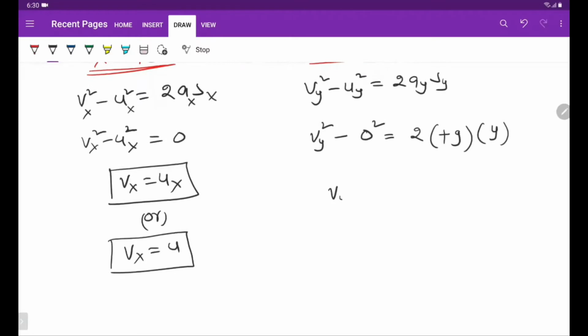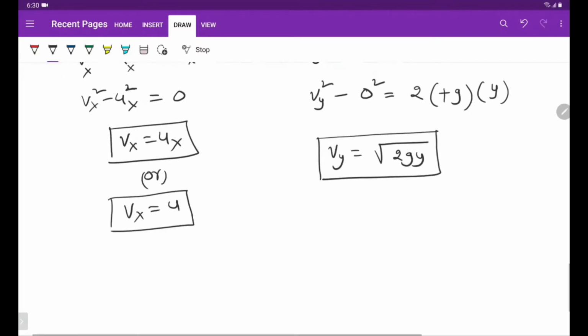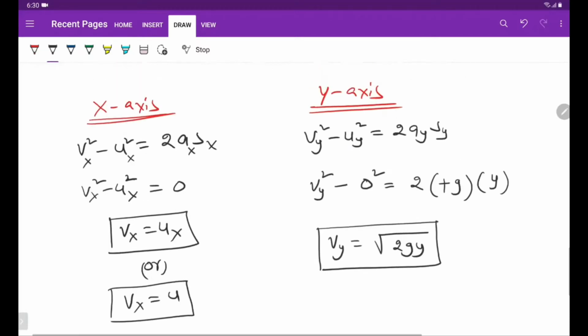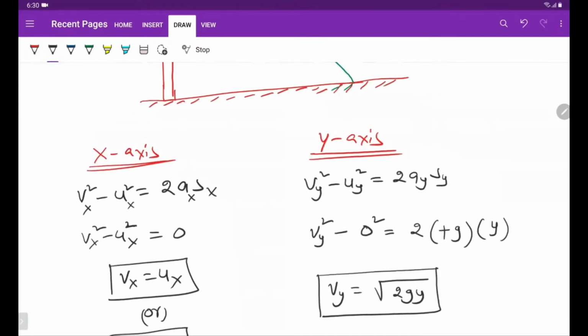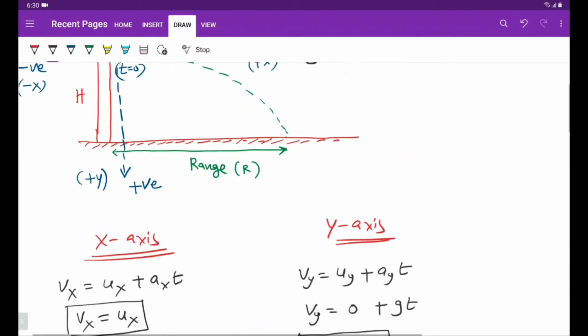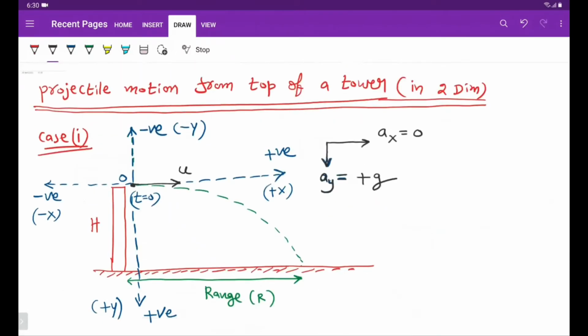So we get vy is equal to root 2gy. So we can also express in terms of the vertical height traveled. Y is the vertical height, in the vertically downward direction. So we can express it like this using the third kinematic equation. So this is case 1: we are projecting horizontally from the top of the tower.